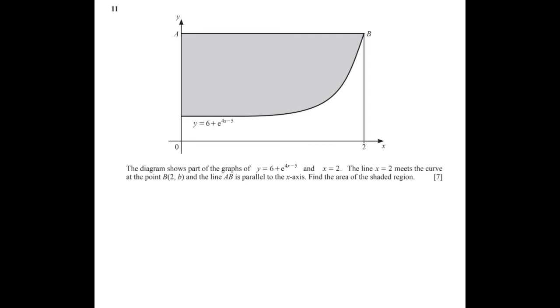Okay. So with integration, we know how to get the area under a curve. So basically, the strategy here is you have a rectangle, right? And you subtract out the area under the curve, and that will leave the shaded region. All right.